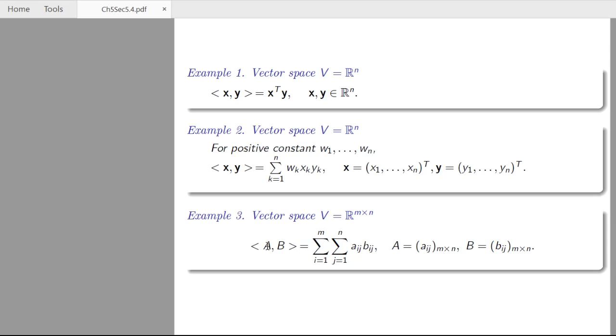The third property means if we replace, for example, A by alpha A1 plus beta A2, where both A1 and A2 are m by n matrices, then we should get alpha times A1ij plus beta times A2ij, and then for that we can get the separation and we can show the third property. So the third property holds for Rm by n.